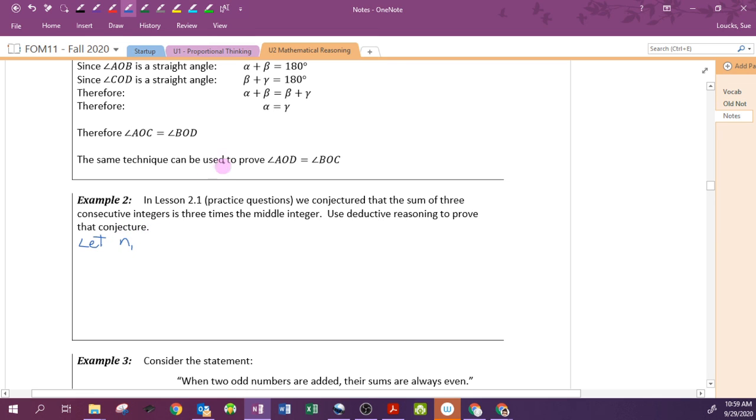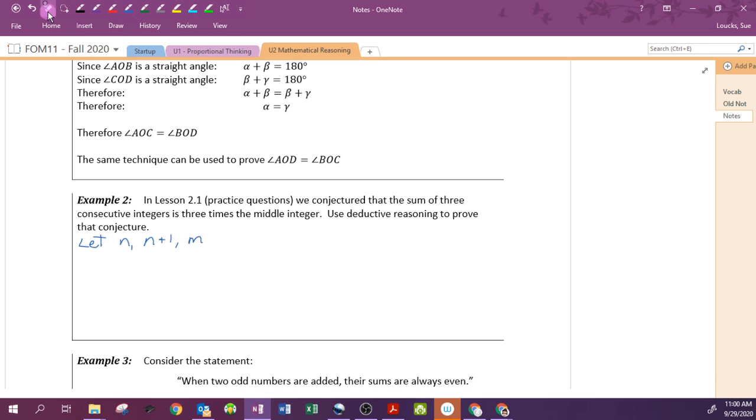if n is my first integer, what's my next consecutive integer? If my first integer is 6, what's my next integer? Comes after 6, 7. And what did you do to get that? So you did n plus 1, right? So what's my next integer going to be?